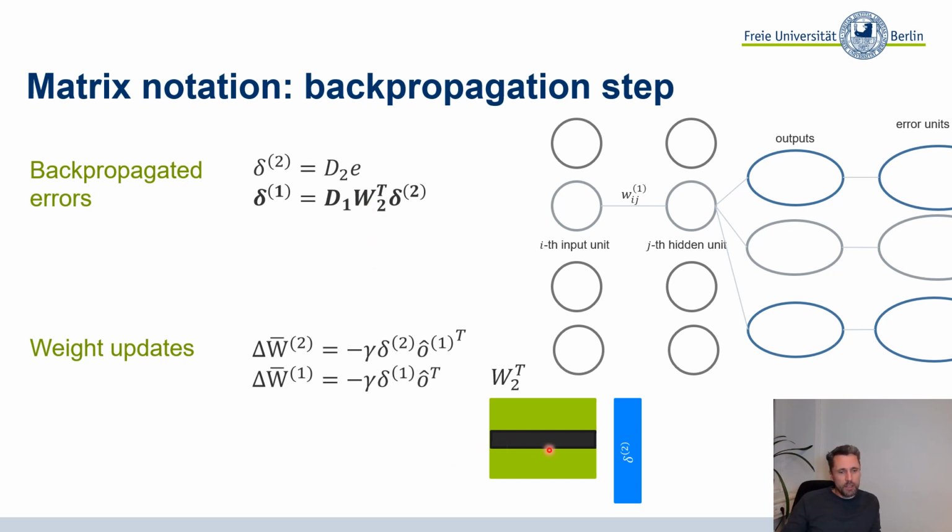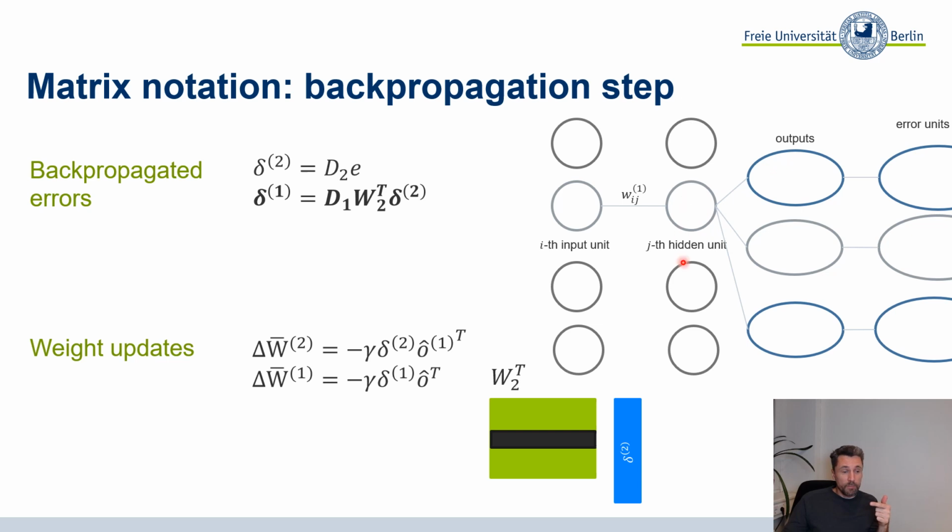So imagine you had W2 not in a transposed variant, so this would be a tall matrix. And it needs to be like that because you want to multiply the output of the hidden layer to this, and so each row in W would correspond to the respective row of the outputs.